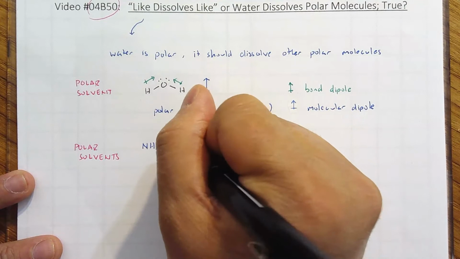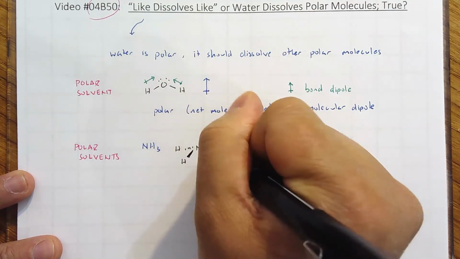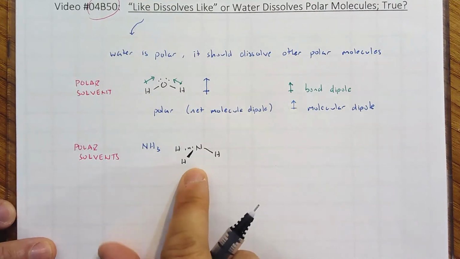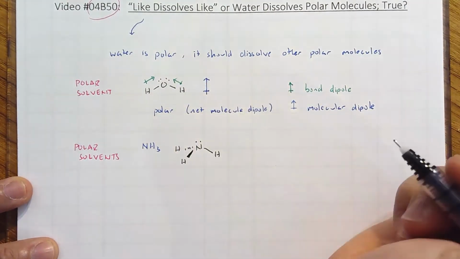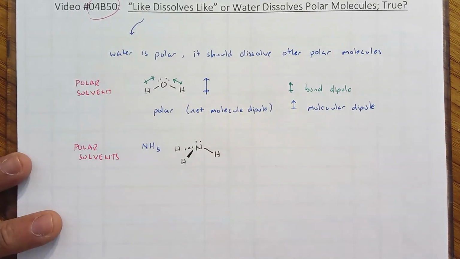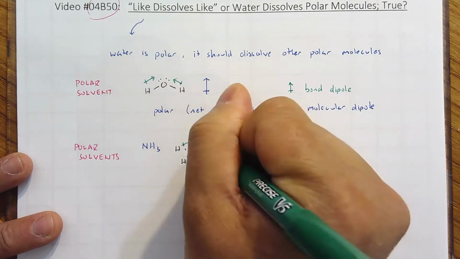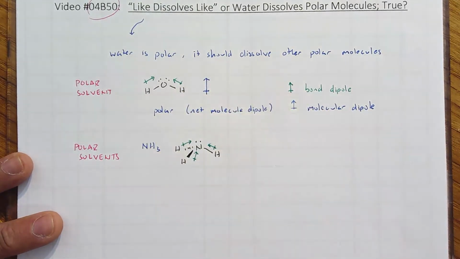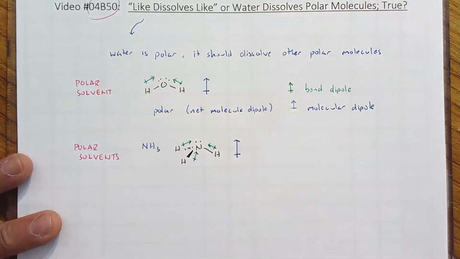Because shape is important. I'm using these wedges and dashes to indicate hydrogen coming towards us and away from us, but it's not planar, it's trigonal pyramidal. So you do have this net upward movement, and your net molecular dipole is going up again.